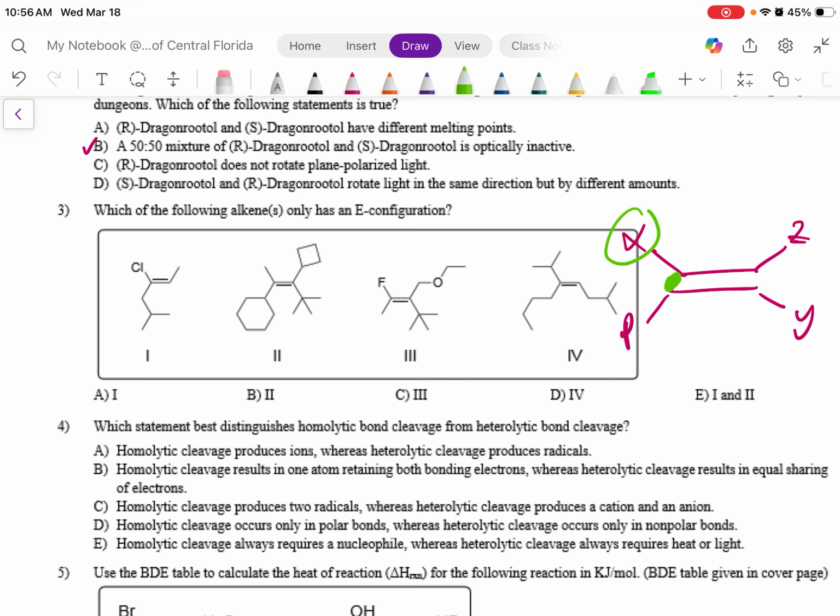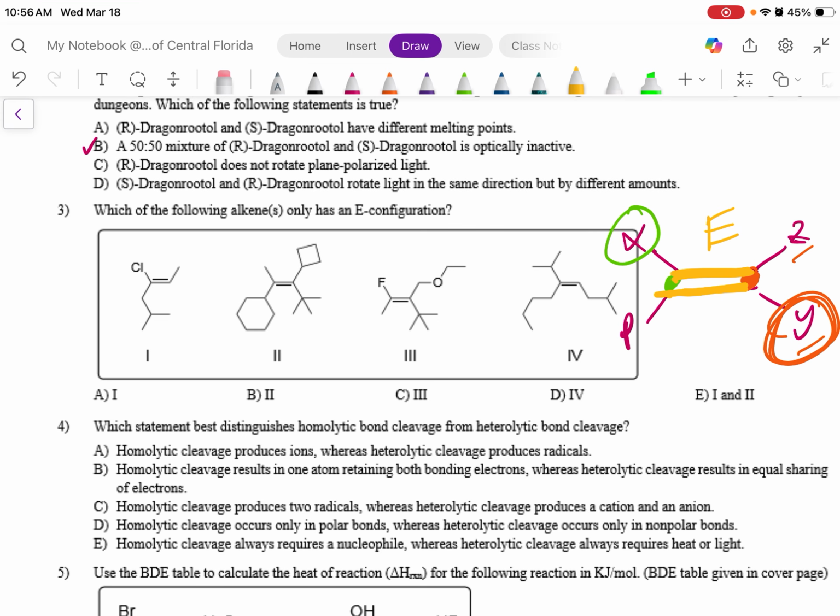Let's just say X has the higher atomic mass. Then we go to the next carbon in that double bond and ask, between Z and Y, which has the largest atomic mass? Let's say Y has the largest atomic mass. Now with respect to the double bond right here, you can see that X is on top, Y is on bottom. That makes them on opposite sides, giving us the E configuration.